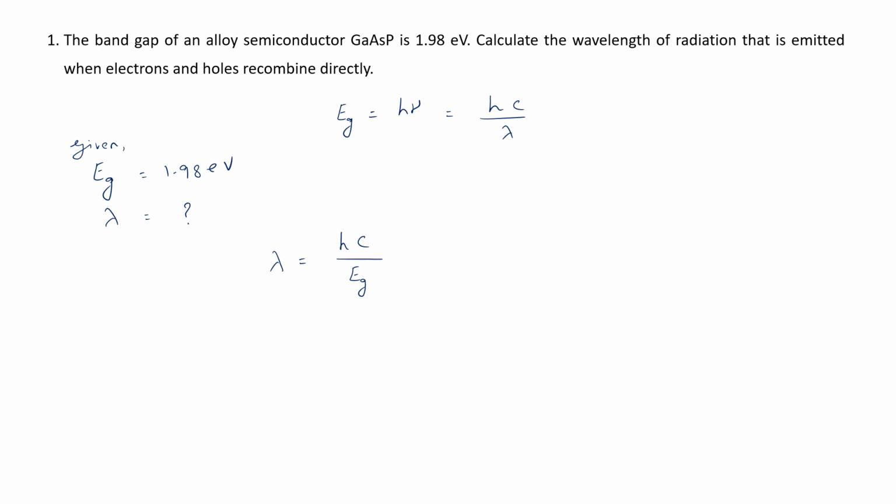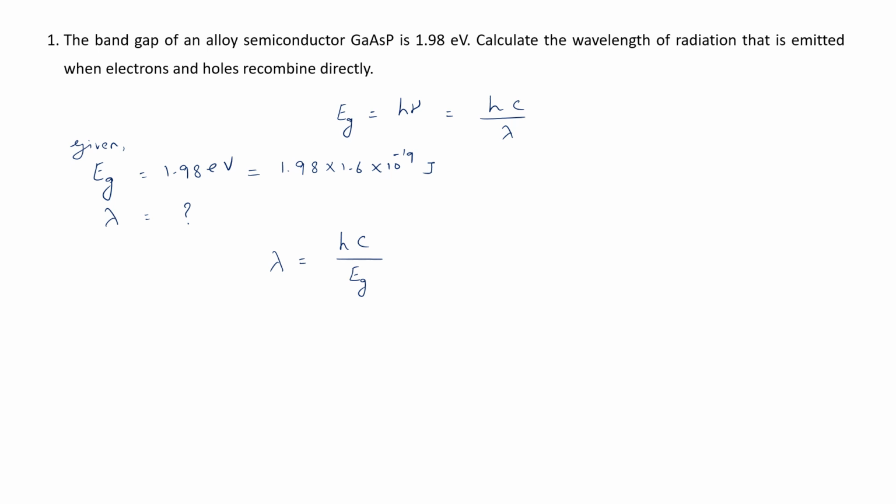Now I have to substitute the values. Before substituting, we have to see whether any conversion is required. So Eg, energy will normally be used as joules, not as electron volts. So it has to be converted. So it requires conversion. So how to do that? 1.98 into 1.6 into 10 power minus 19 joules.